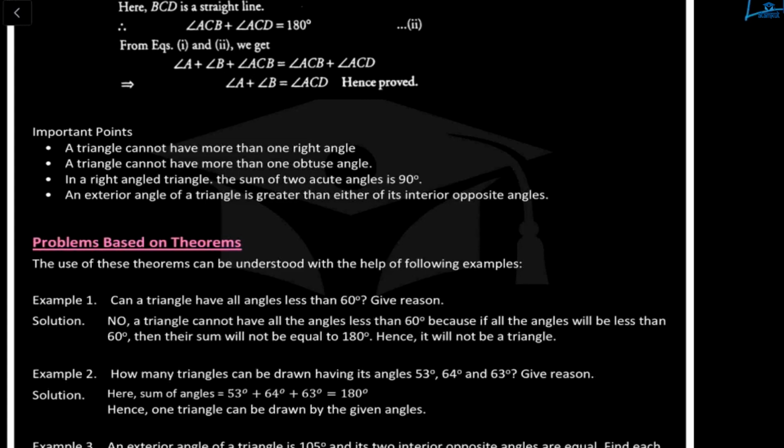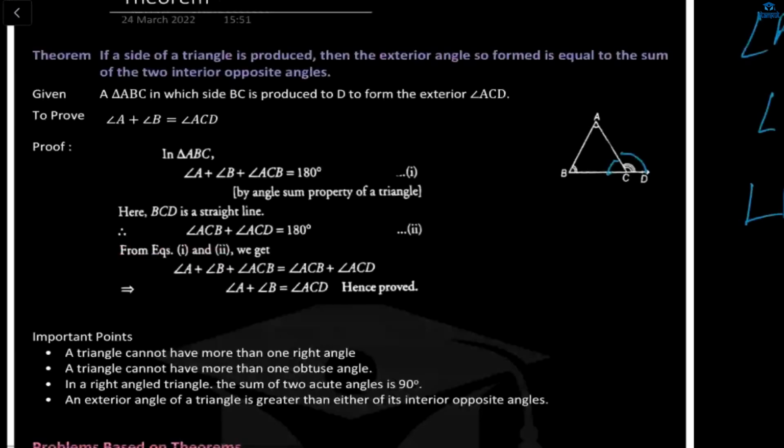If you compare the exterior angle with only one opposite interior angle, it will always be greater. In the figure, angle ACD will always be greater than angle A individually and angle B individually. It will be equal to the sum of angle A plus B.